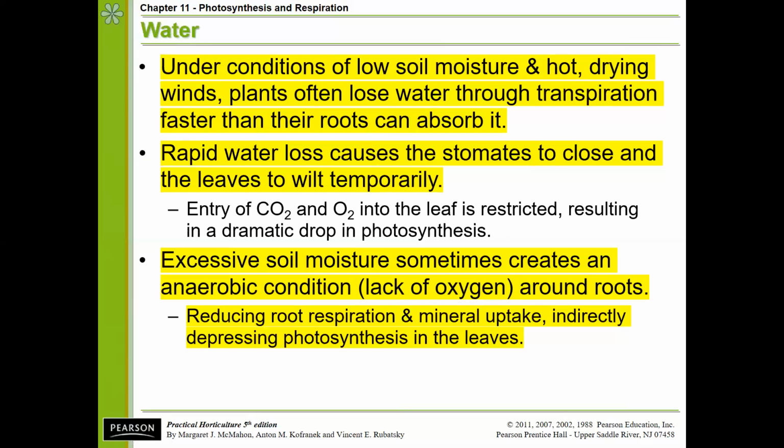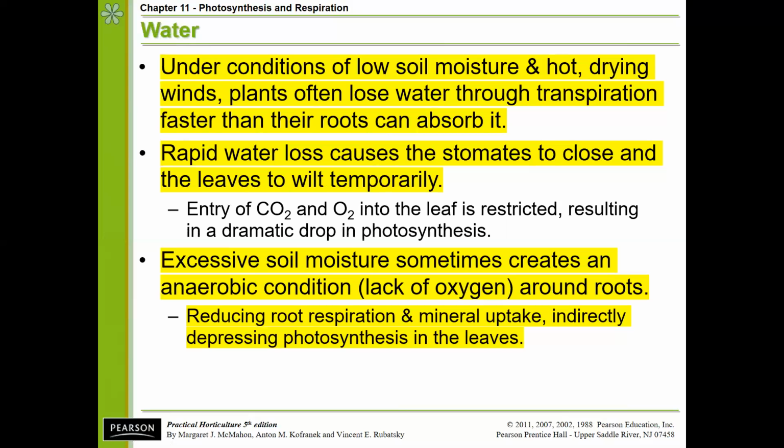On the other end, if we have excessive soil moisture, then that can create an anaerobic condition in the soil around the roots. Whenever we're talking about anaerobic, we're just talking about a lack of oxygen. In plants, that reduces the ability of the roots to respire and their ability to take up minerals as well as water, which then depresses photosynthesis in the leaves.